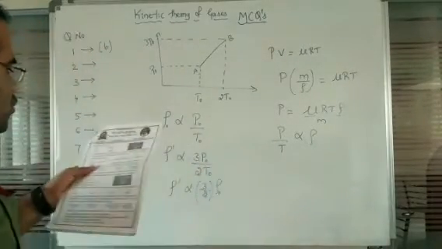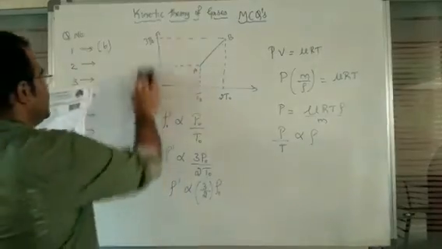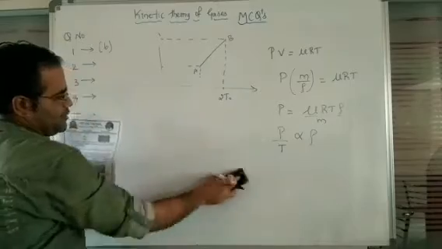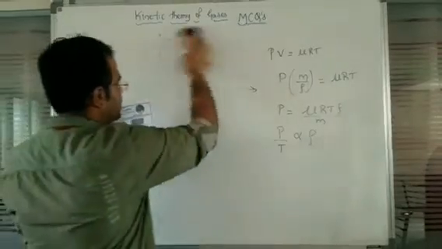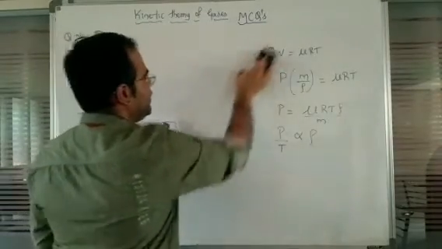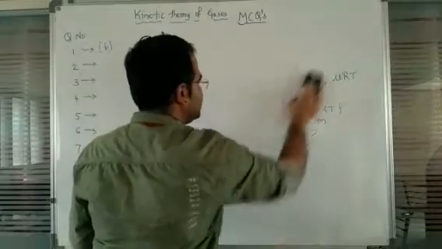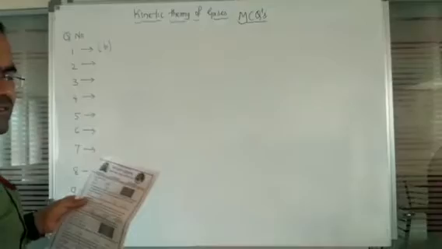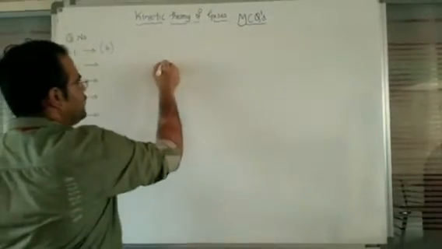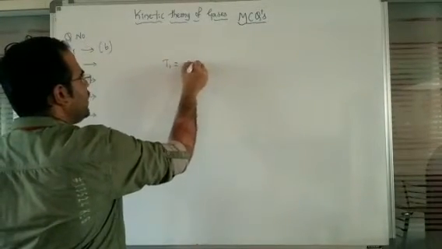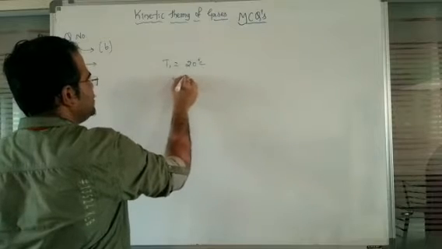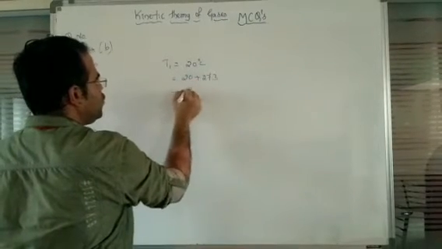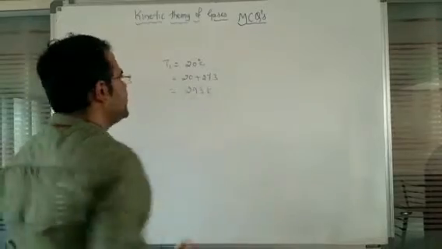Next, question number 2. Here a cylinder contains 12 liters of oxygen at a temperature of 20 degrees Celsius. The initial temperature T1 is 20 degrees Celsius, which is 20 plus 273, that is 293 Kelvin.